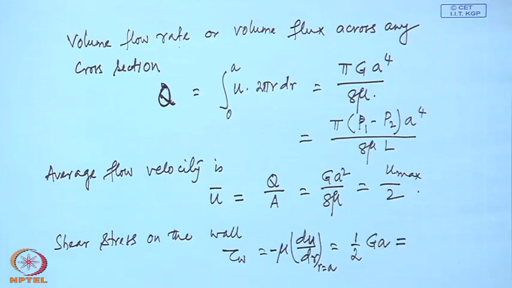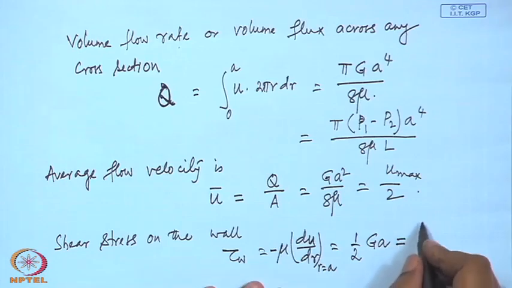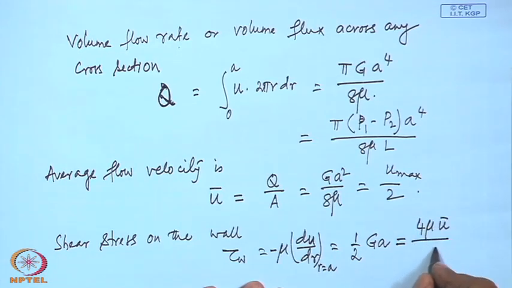Often it is expressed in terms of average velocity, as 4 mu u bar by a.